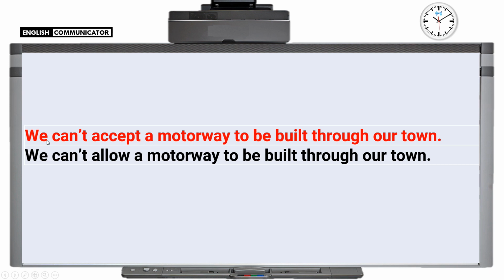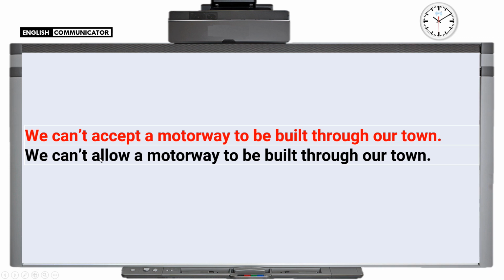Next. We can't accept a motorway to be built through our town. Let's see what's wrong here. We can't accept, wrong. We can't allow, because that is your permission. So you can't say I can't accept.